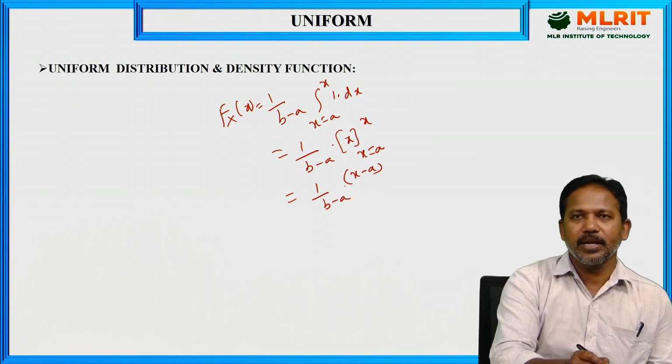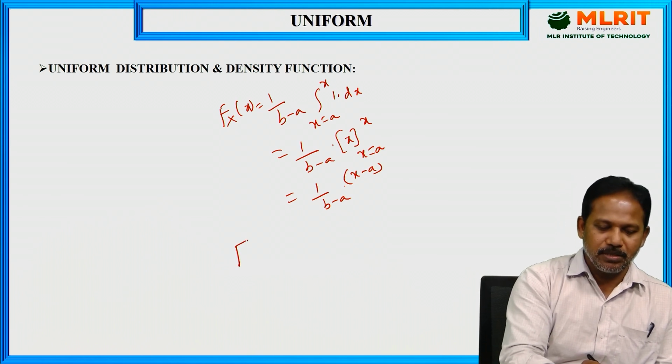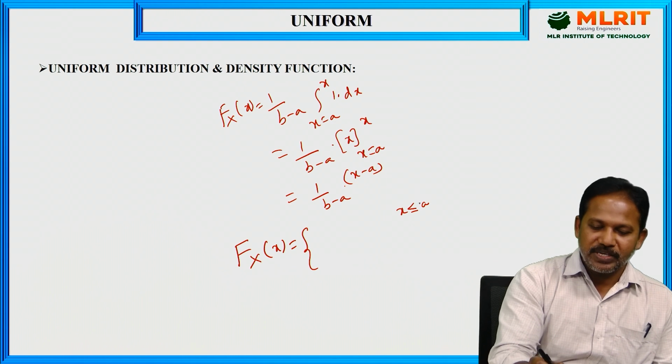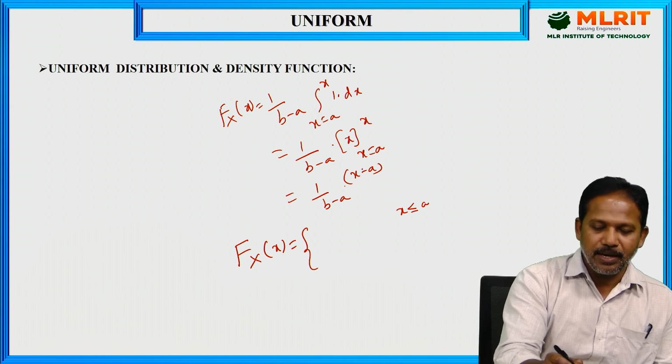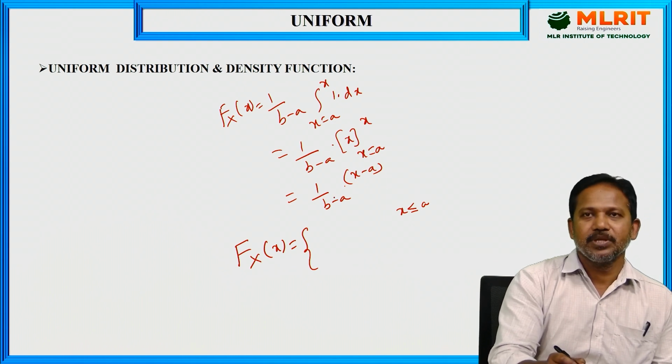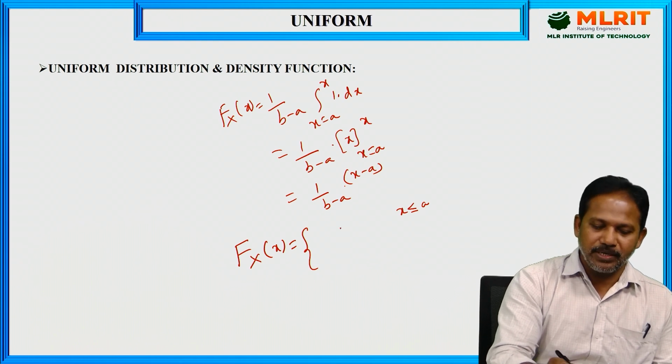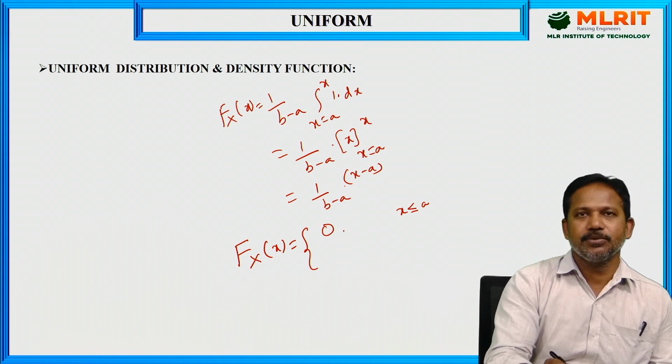Now I need to write the limits for this distribution function FX(x). If x is less than or equal to a, then a minus a by b minus a is 0, so the distribution function is 0.